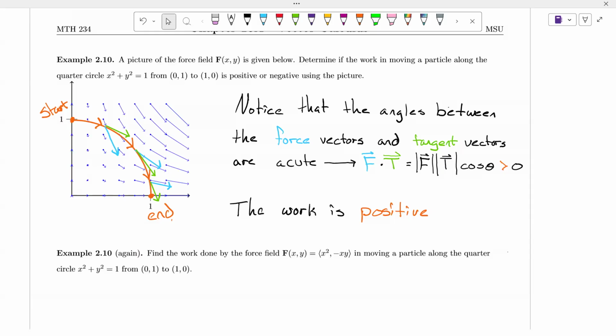So I think there are two pretty valid ways of setting up our parameterization here. Either go with your standard x is cosine, y is sine, but then integrate from pi over 2 to 0, so integrate backwards.